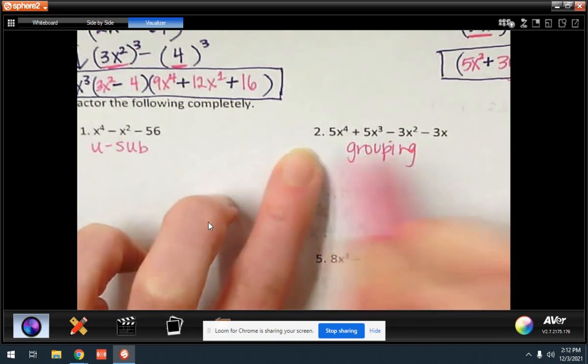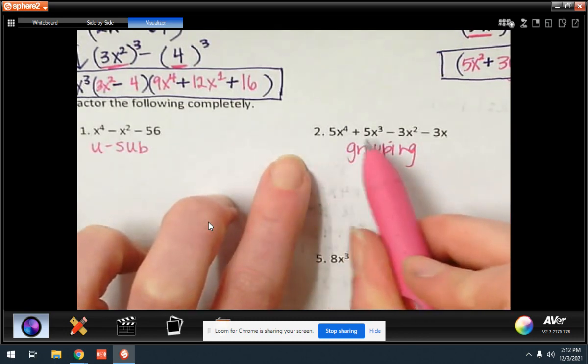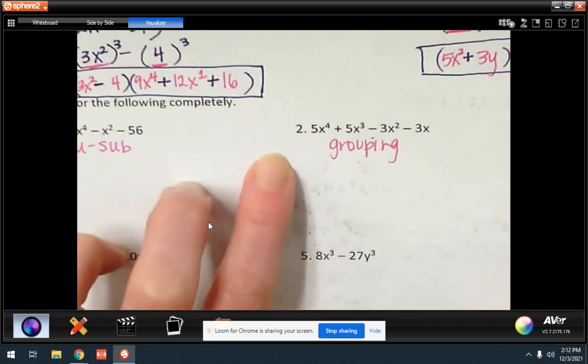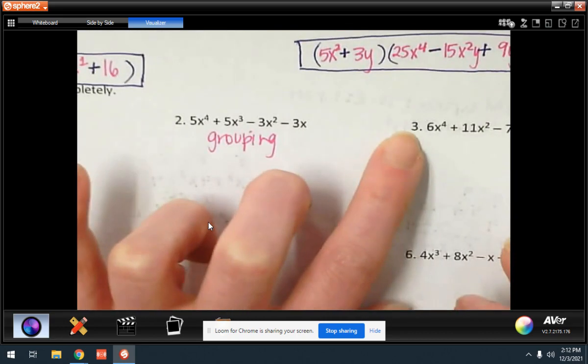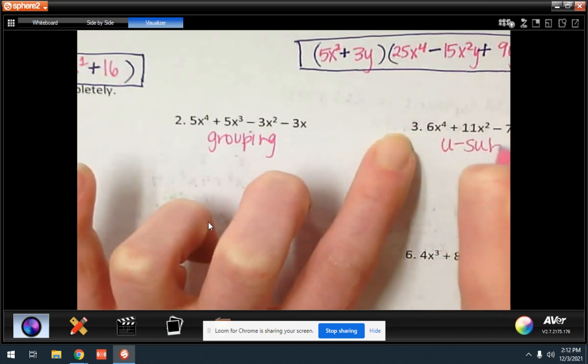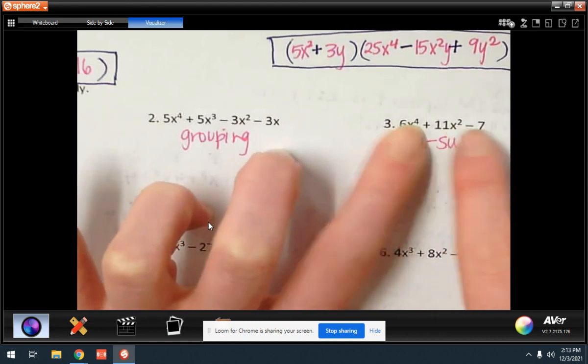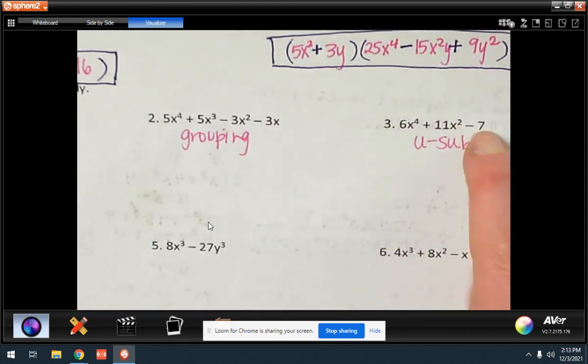Okay, grouping. There's 4 terms, and you can already tell that the ratios are going to work out. 5 to 5, -3 to -3. Okay, what about number 3? Very good. U sub. 4 is twice as much as 2 for the exponents, and the last term is constant.